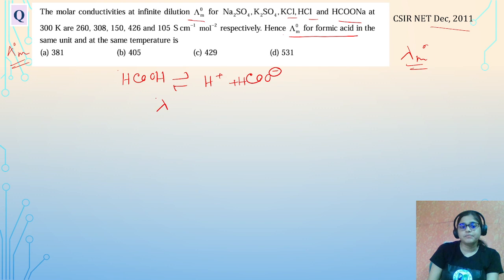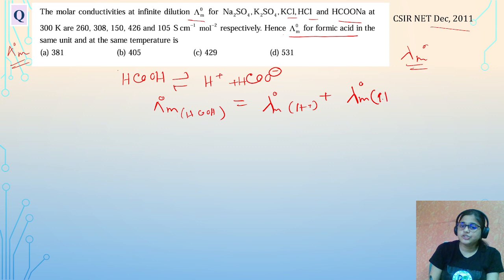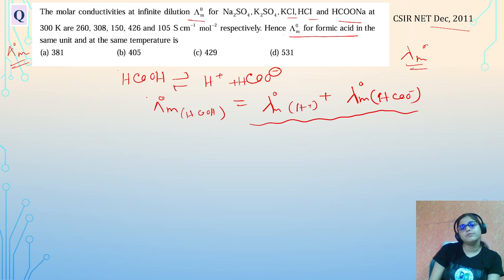So here we have to write delta 0M of HCOOH will be equal to lambda 0M of H plus plus lambda M0 of HCOO minus. These two values we need, but how can we get these two values? Let's see what is given.